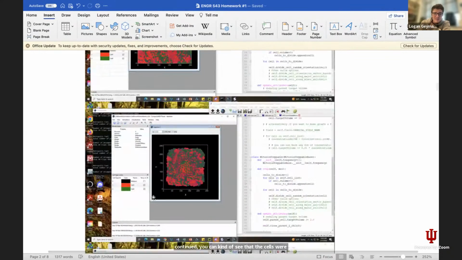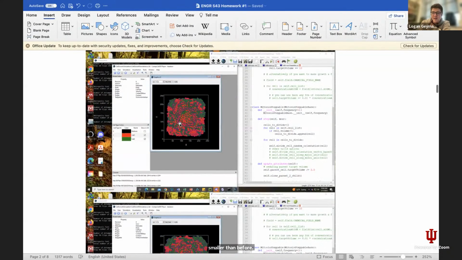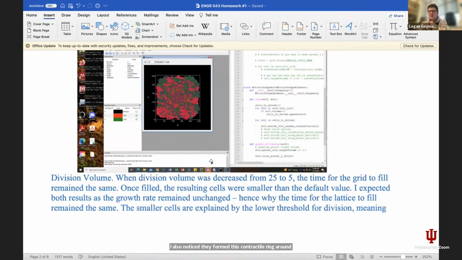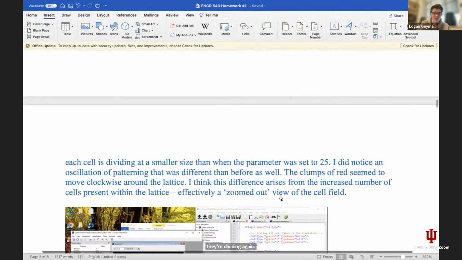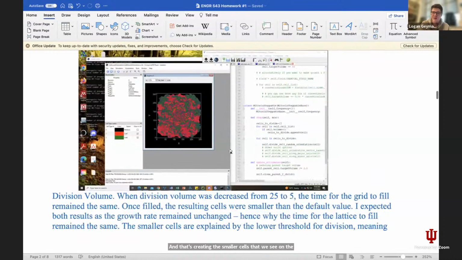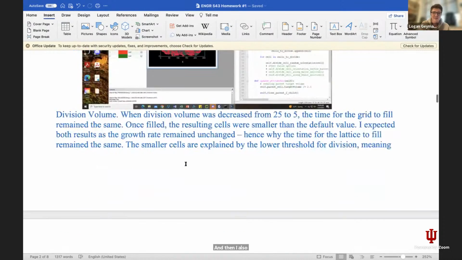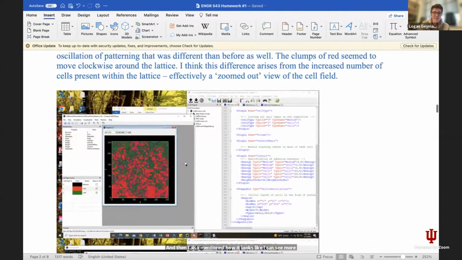I also noticed they formed this contractile ring around the center as they grew out and divided. And I said that most of these changes were because I had decreased the cell division volume from the original 25. So before the cells were reaching their target volume, they're dividing again. And that's creating the smaller cells that we see on the screen. And I also mentioned how it looks like I can see more cells, and again, that's just because they're smaller.